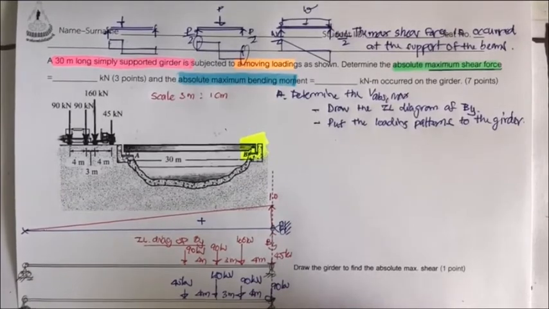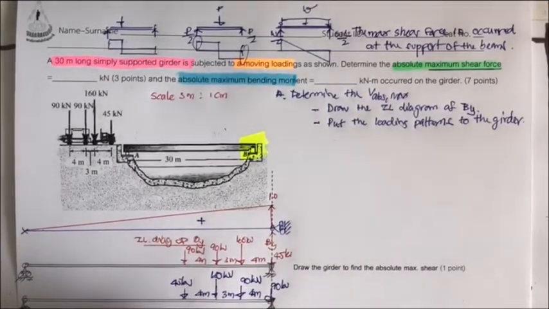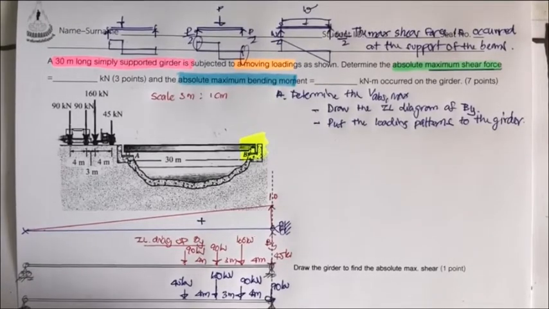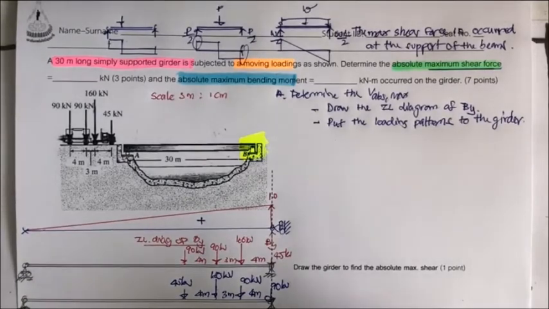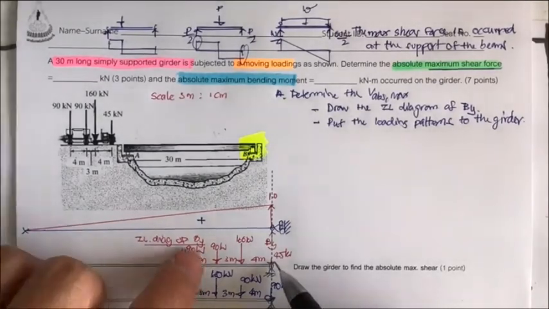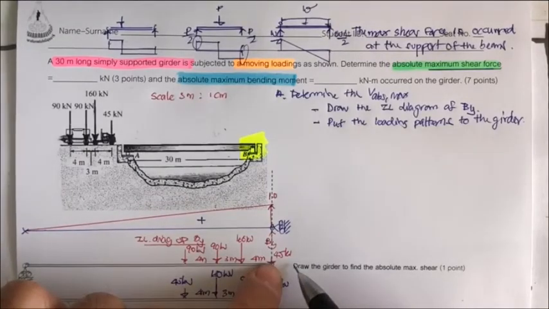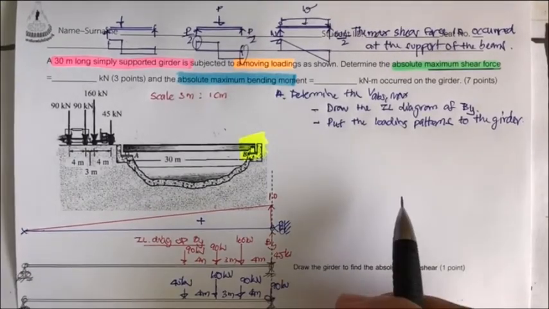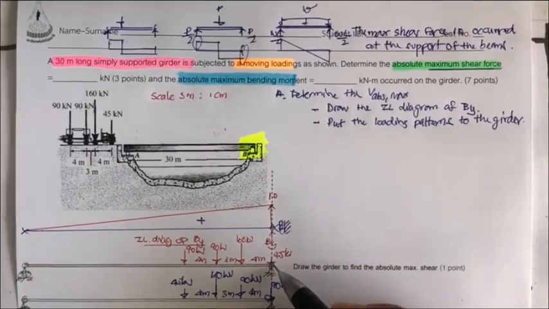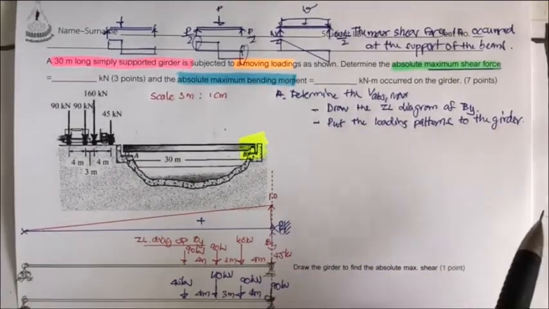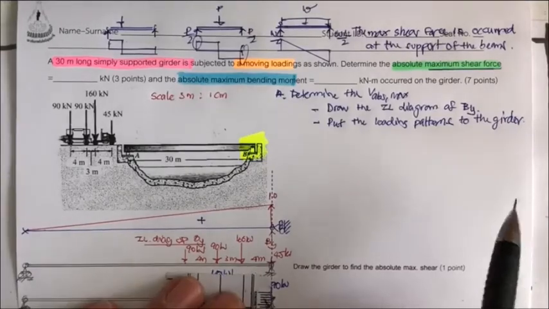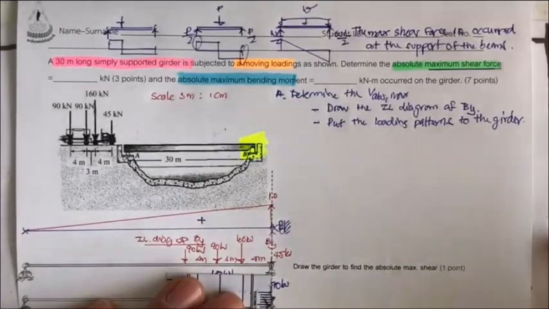The 2 wheel loads won't for sure, but the 3 and the 4 maybe. This time, let's take this 45 kilonewton out and put the 160 kilonewton here.